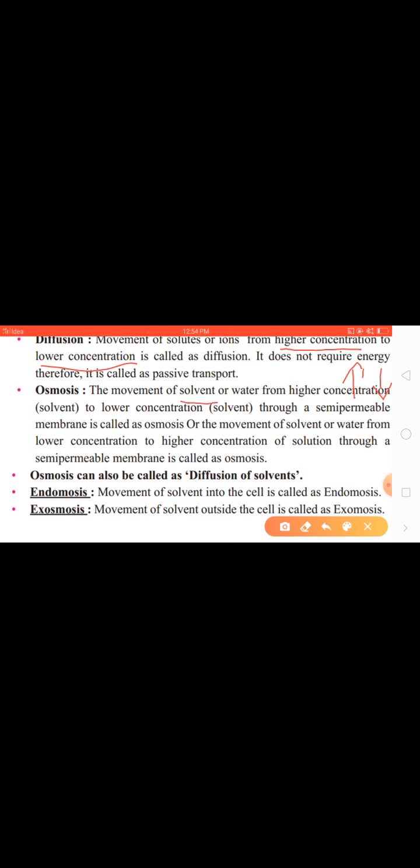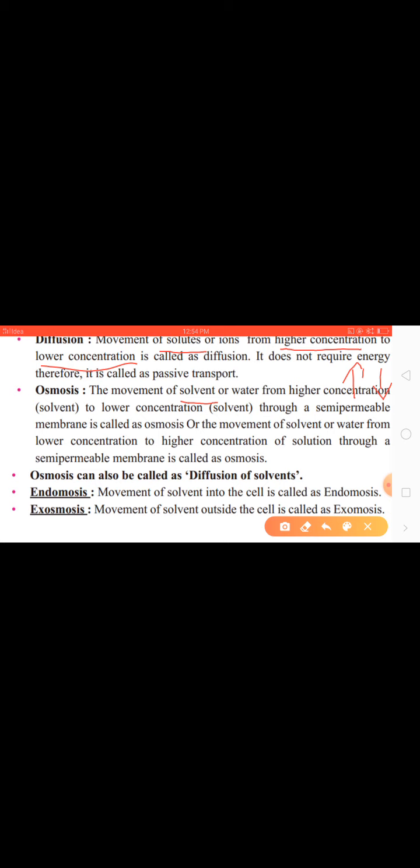In the earlier case we have seen it is a solute. Solute means which is present in a small quantity. For example, we have taken a sugar solution. In sugar solution, we take sugar in a less quantity and water in a more quantity. When we mix together, we get a sugar solution.